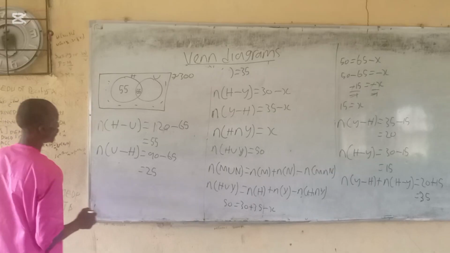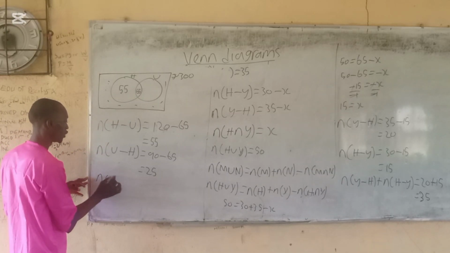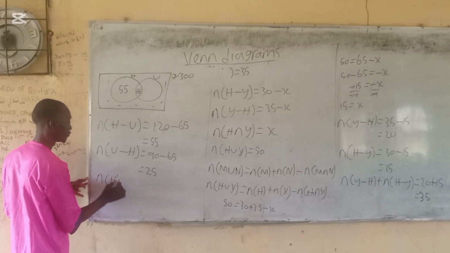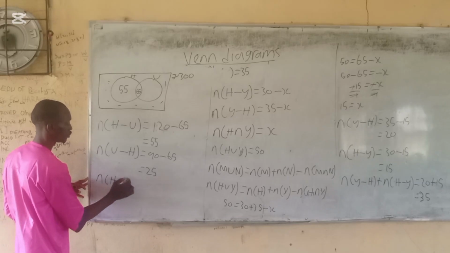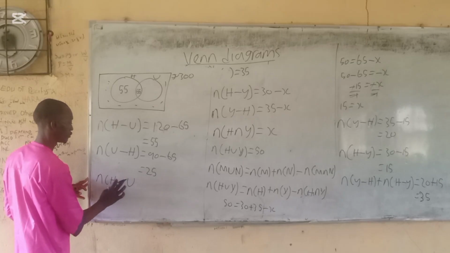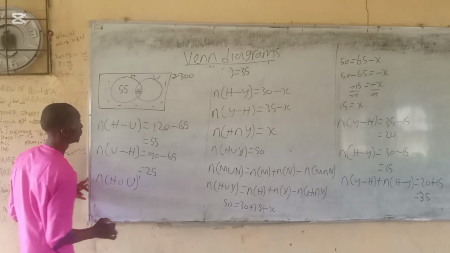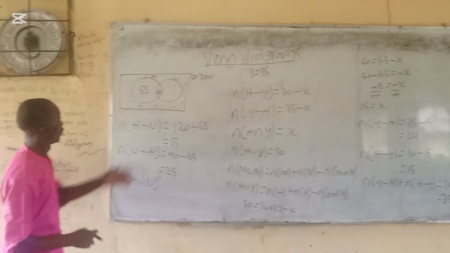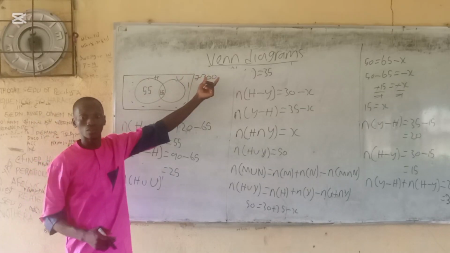Now, what we are looking for is the people that are here, which is the number of H union U, all prime, which is adding these two together compared to the universal set of 300.